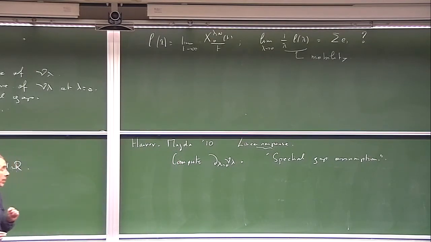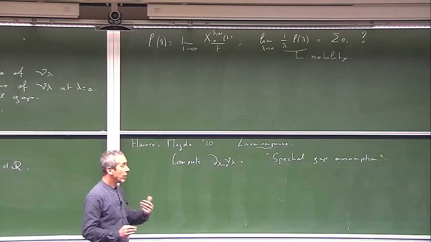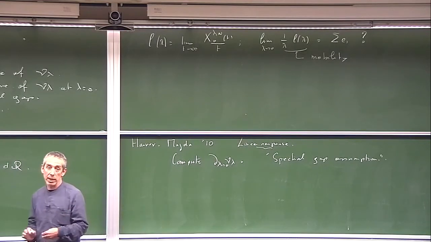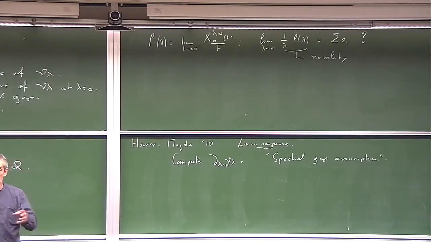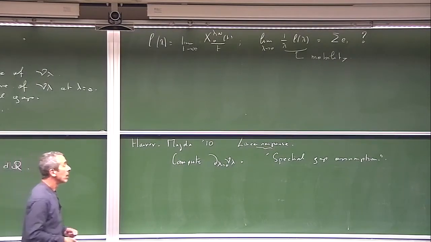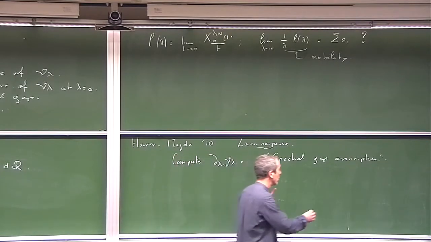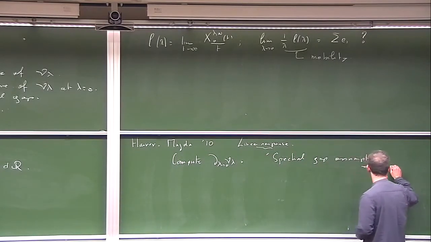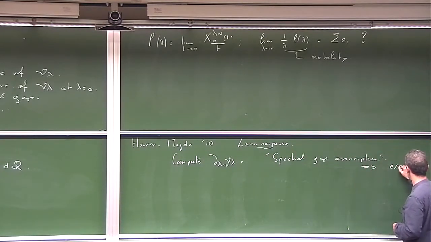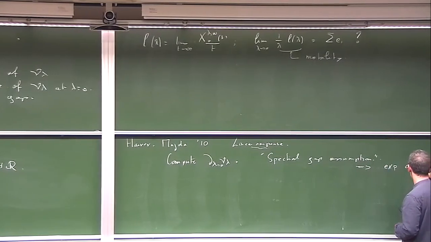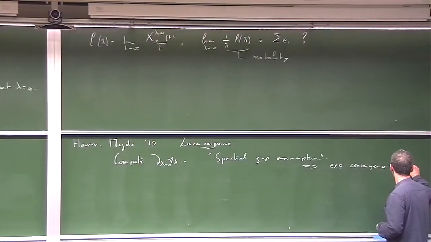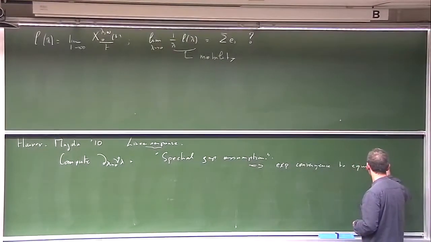And the spectral gap assumption is rather weak, but still it implies convergence to equilibrium for the unperturbed dynamics at an exponential rate on a certain class of smooth functions. So that implies, as usual, exponential convergence to equilibrium.